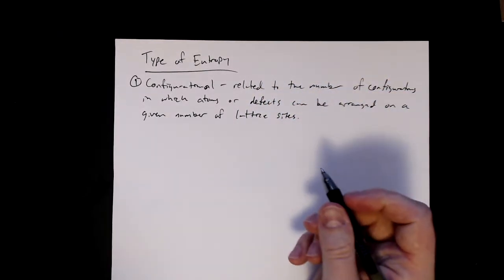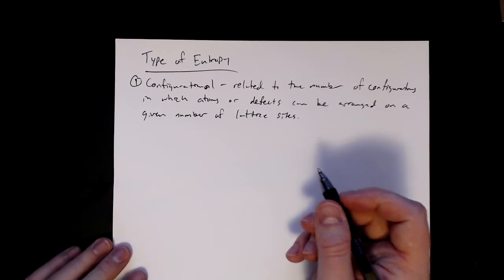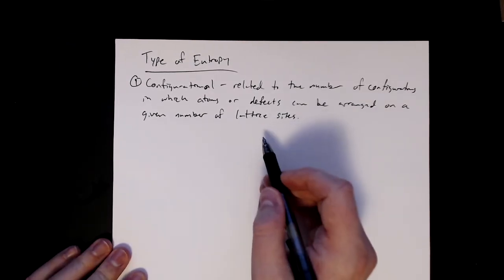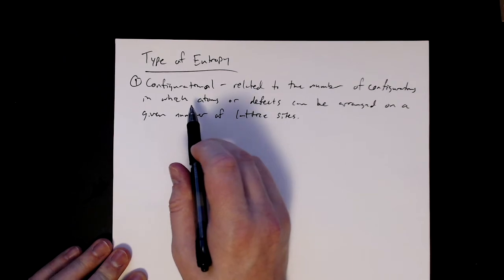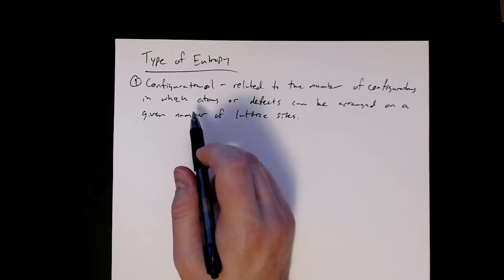So having atoms and defects like vacancies, how can we arrange that over the total number of lattice sites? And that's known as the configurational entropy.